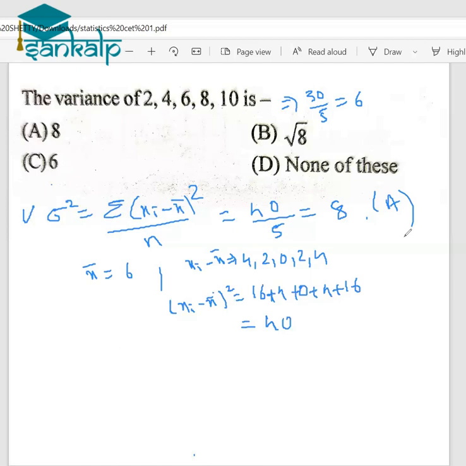So try to complete the NCERT syllabus first, go through the summary of the NCERT syllabus, and then refer to the NCERT exemplar. If you do these two books, 60 to 70% of your CET preparation will be over. After that, you can refer to model papers and a CET book for your preparation.